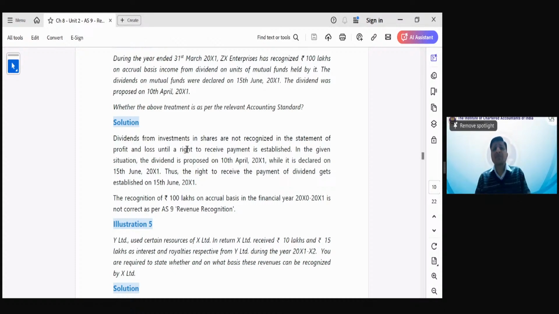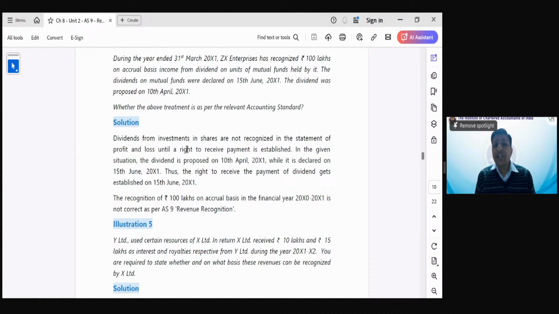So Y Limited has paid the consideration in two forms, or you can say X Limited has earned two types of income, interest and royalty, during the year X1, X2.